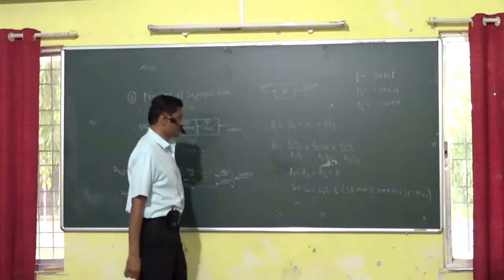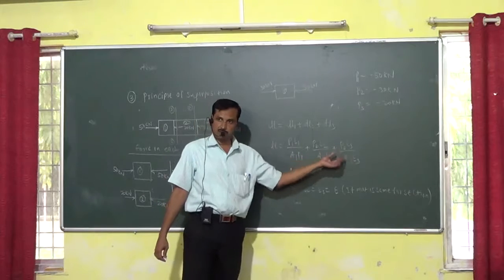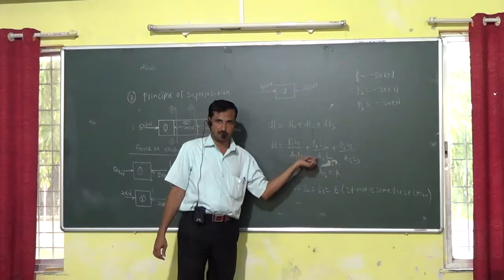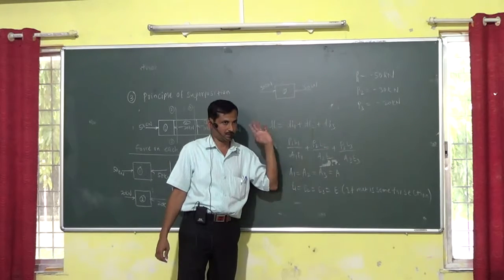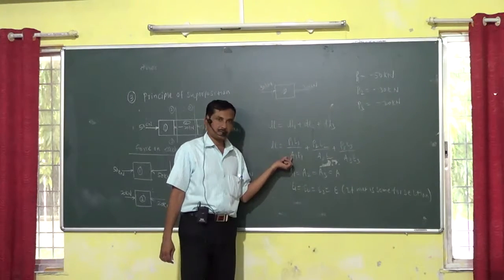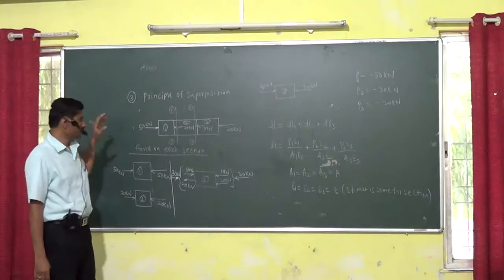And if material is different, then E1 will be Young's modulus for section 1, E2 will be Young's modulus for section 2, and E3 Young's modulus for section 3. Is it okay? Area is same, that is already cross sectional area is as it is here.